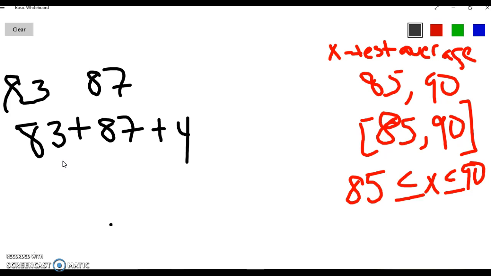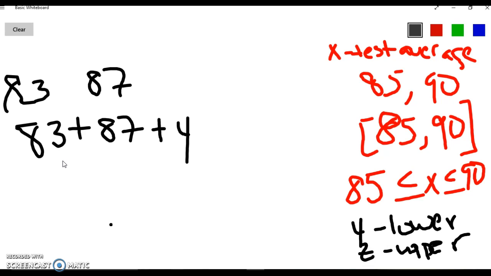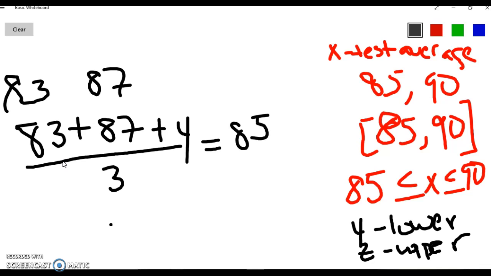So we'll say that y is my lower end and z is my upper. Okay. And I know that that's divided by 3, and I want it to be equal to 85, because we know that that's actually our included value. We know that we're going to actually put in an inequality. So we can solve this equation.